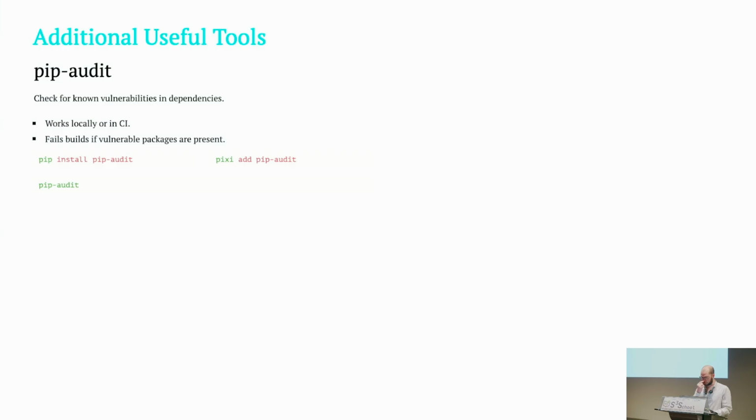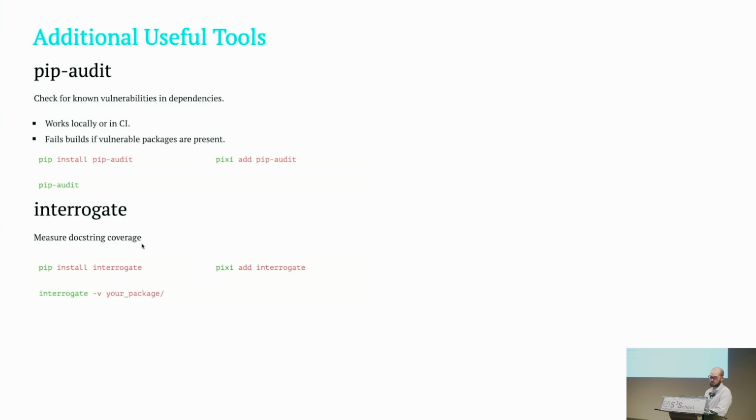Some other tools I wanted to show. Pip-audit is a bit in the same way as Dependabot. It will look at dependencies and find vulnerable packages. It's really for the Python environment. This one maybe you can also try, Interrogate.